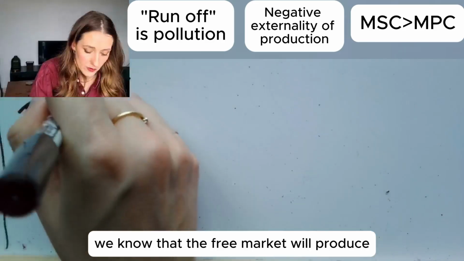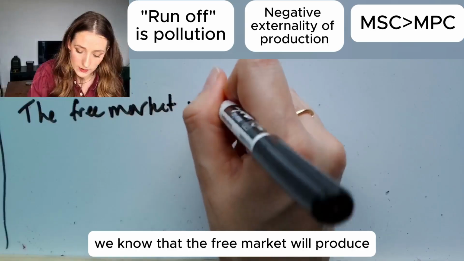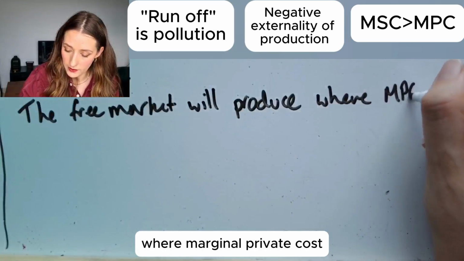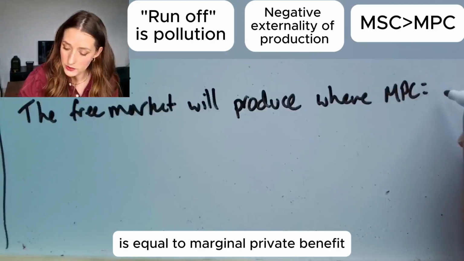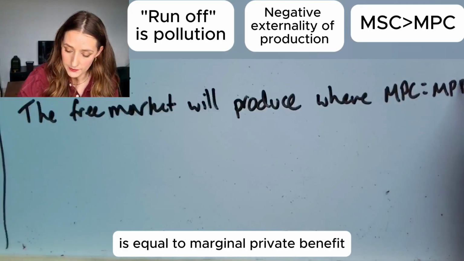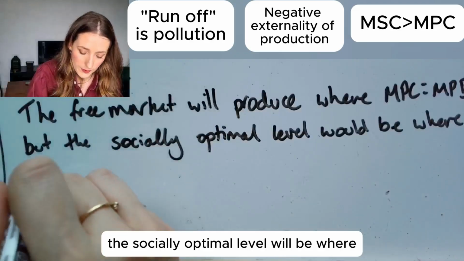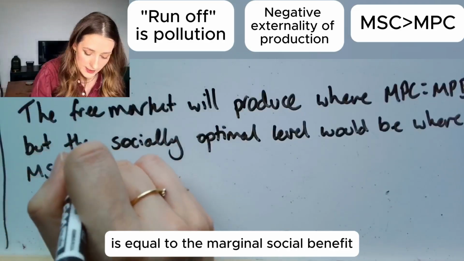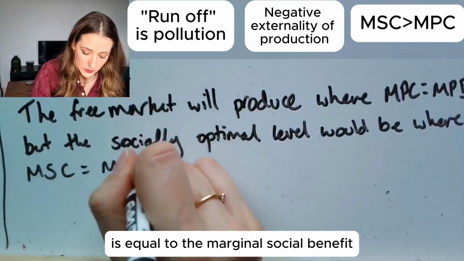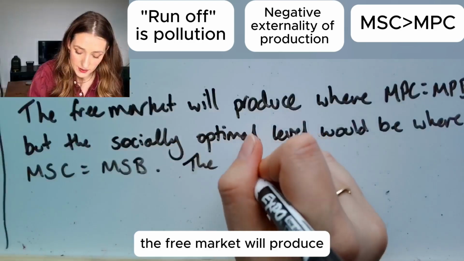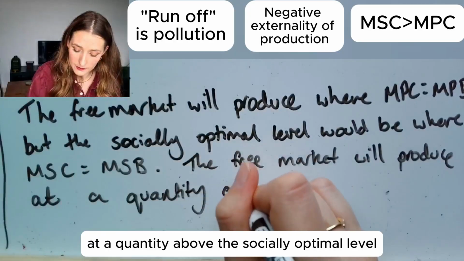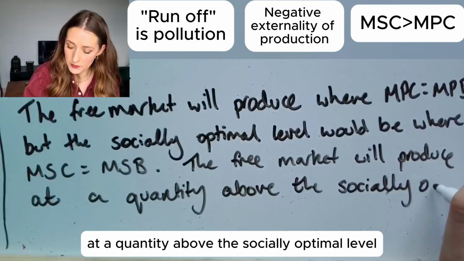We know that the free market will produce where marginal private cost is equal to marginal private benefit. The socially optimal level will be where the marginal social cost is equal to the marginal social benefit. The free market will produce at a quantity above the socially optimal level.